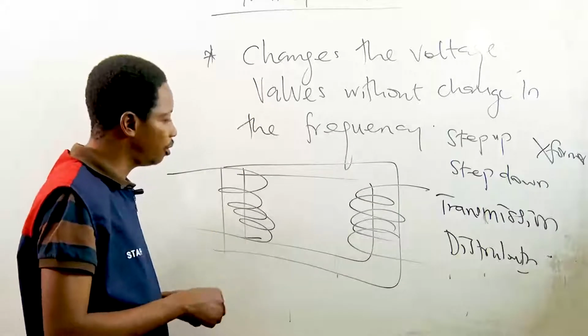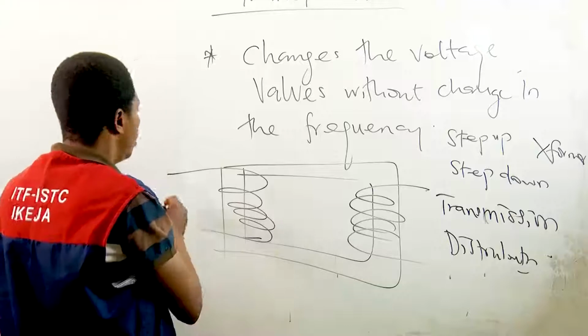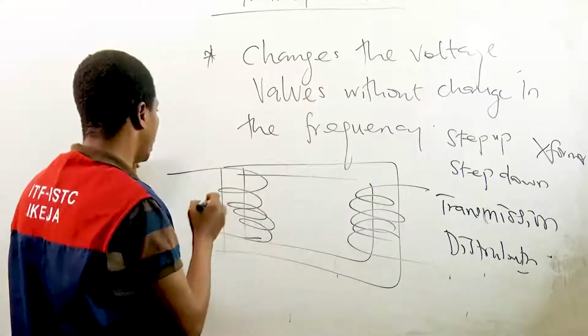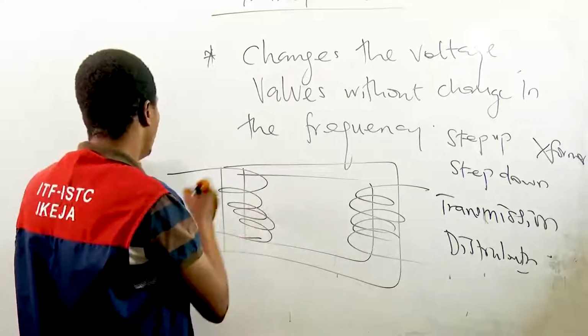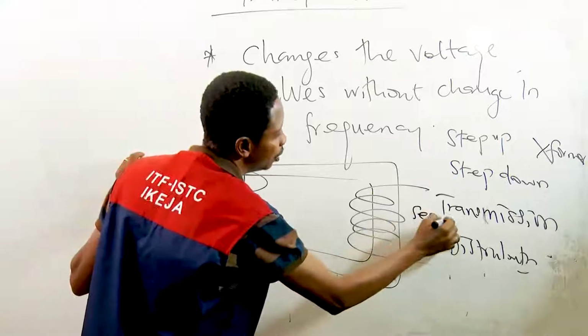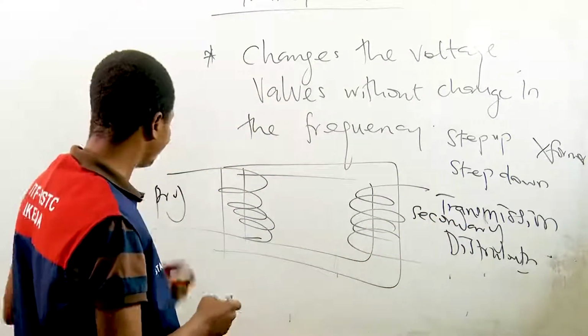So I'll just show us how we can identify them. Either for step up or step down, these are what we are to examine. We have the primary windings and the secondary windings, sometimes called coil.